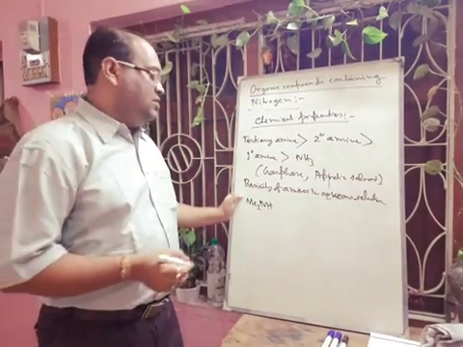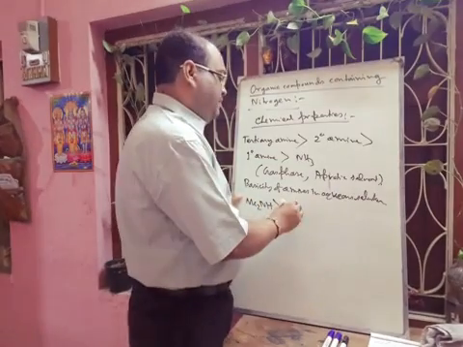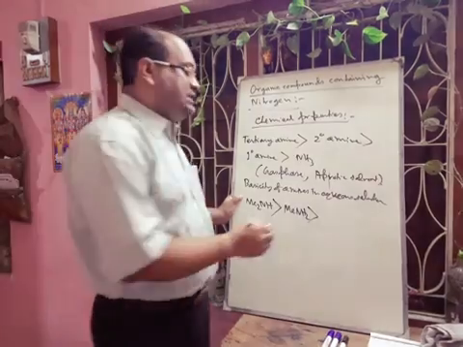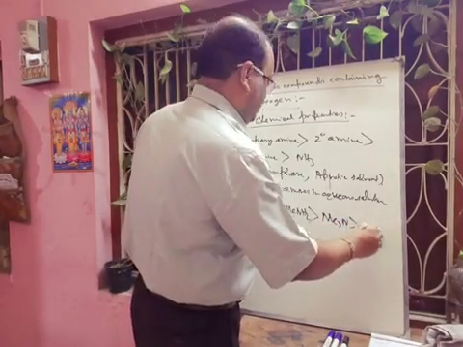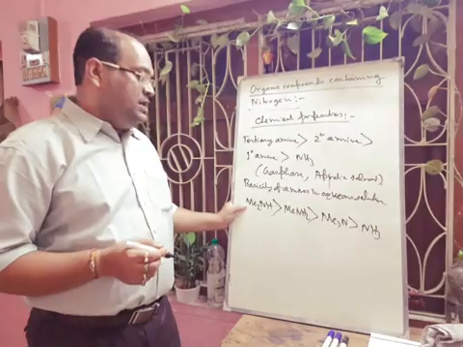Next will come the primary amine, and next will come the tertiary amine. Next will come ammonia. So basicity is highest in aqueous solution in the case of the secondary amine, Me2NH.